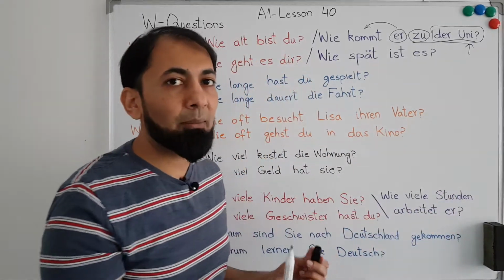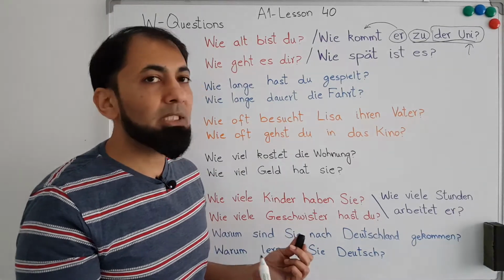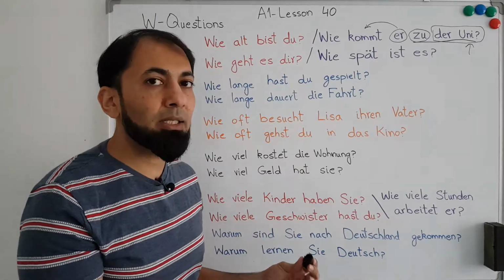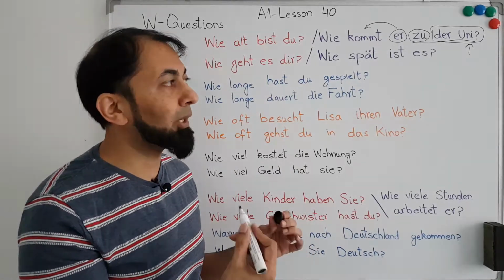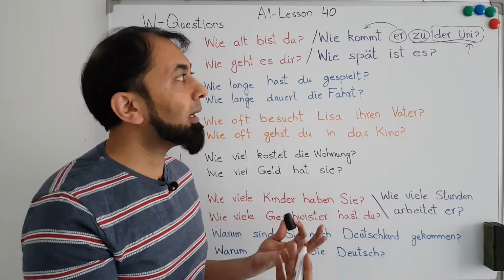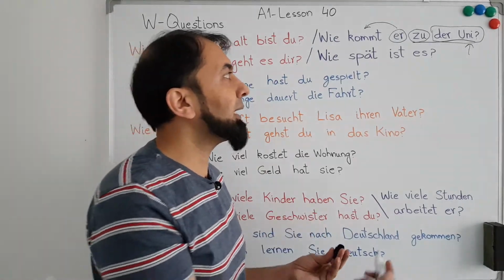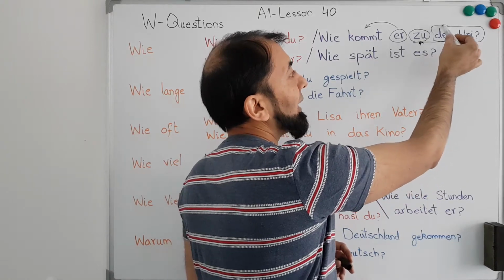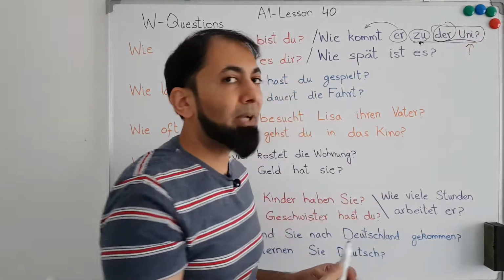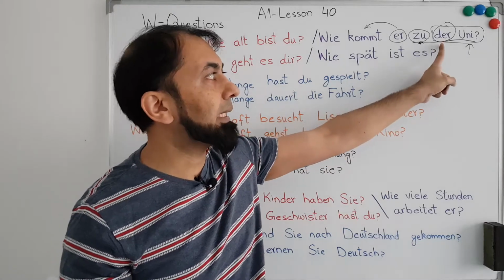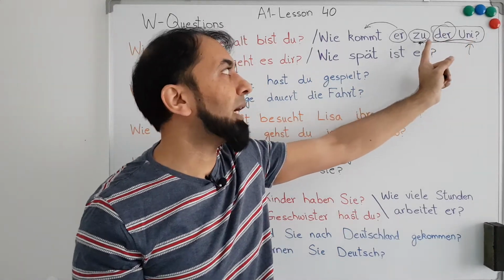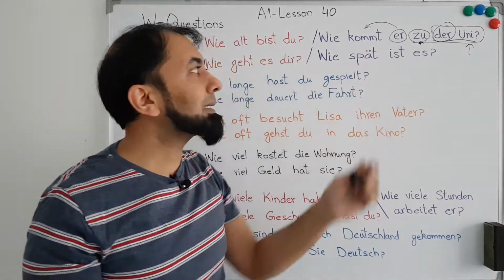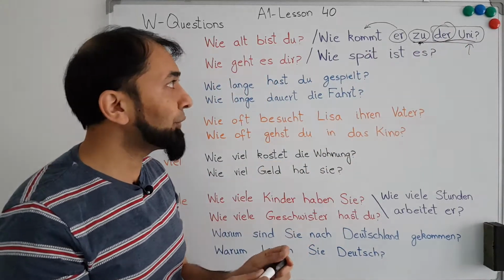We are using a feminine noun, Uni. Uni means university. The full form of Uni is Universität, but you can also use Uni. It will still remain a feminine noun, and since we are using a dative preposition, we have to use the definite article for a feminine noun in the dative case, which is der. Therefore we have to use zu der Uni. How does he come to the university?